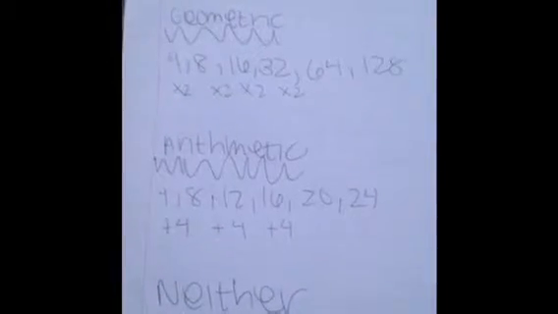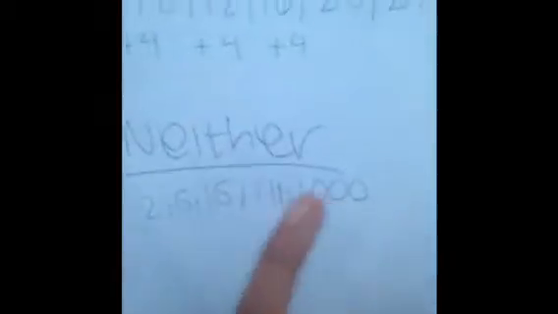Arithmetic is also a regular sequence, except you're adding in between the numbers, like plus 4, plus 4. And neither is when there's no common ratio. Like here you're adding 3, then adding 10, then adding 100, then adding 1,000, so it doesn't work. So when there's no common ratio, it's neither, right?